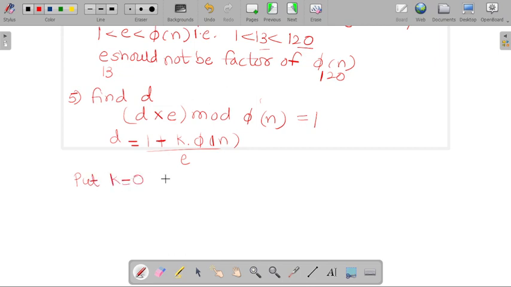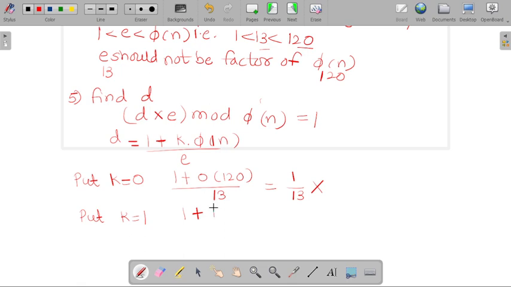We can follow this number of iterations for finding the value of our D. First, put the values into our formula, that is 1 plus 0 into 120 divided by 13, and we get 1 divided by 13. It is a fractional value, so we are not considering it. We go to the next iteration, K is equal to 1.